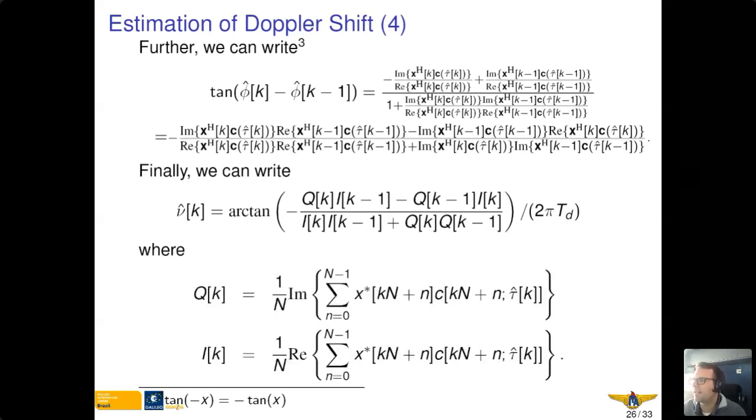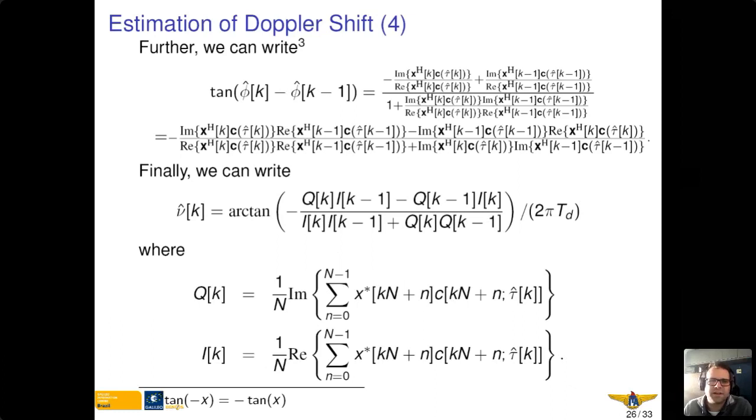And these two values Q and I are given by the output values of the prompt correlator. And that's why we had to feed the output of the prompt correlator from the phase lock loop to the frequency lock loop. This is the discriminator of the frequency lock loop, the FLL.